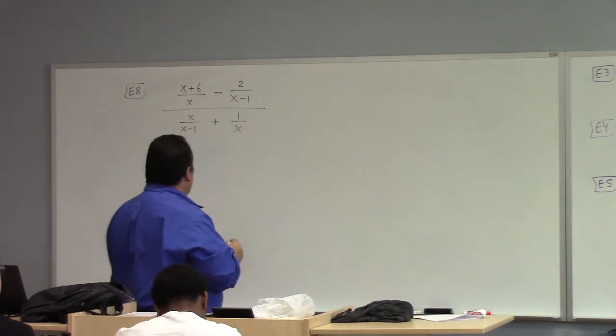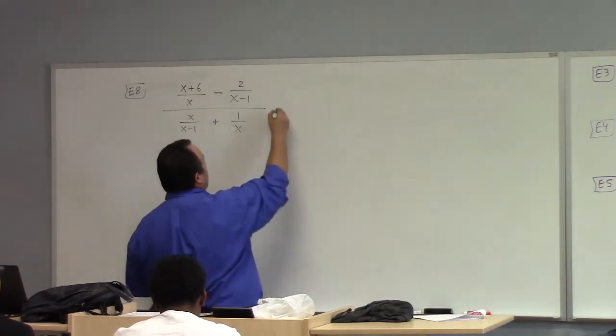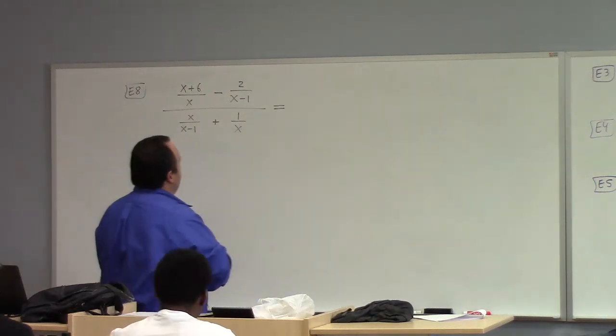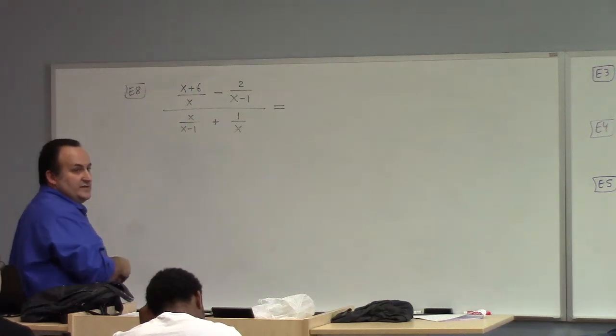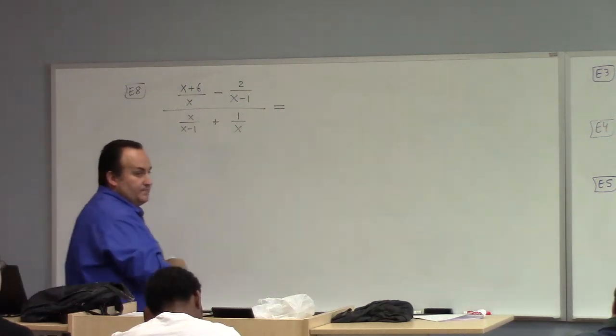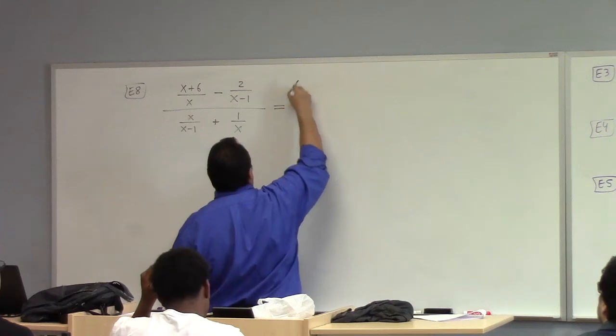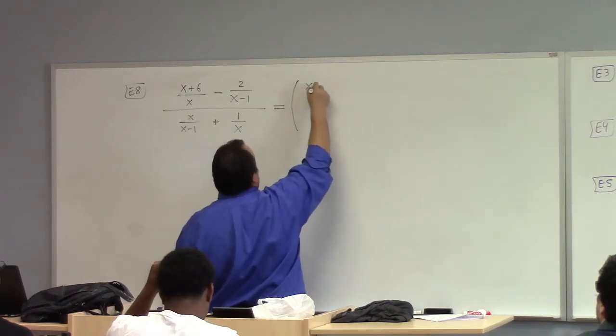But essentially the idea I would use is to multiply by something which clears out all the denominators. You could do this in 2 steps, I'm just going to do it in 1.